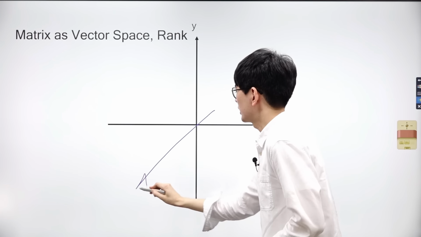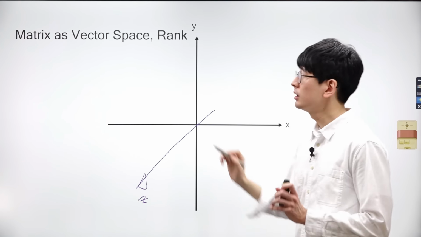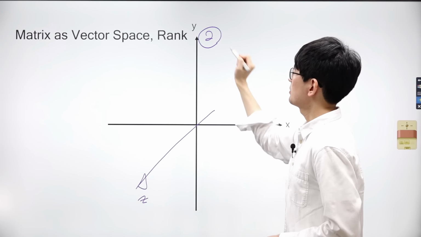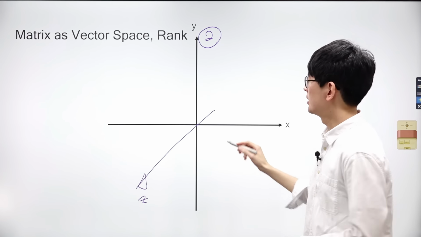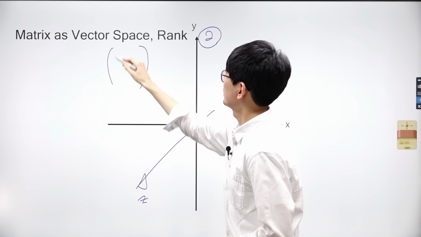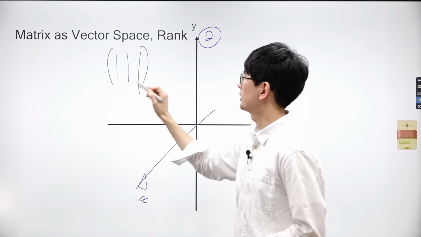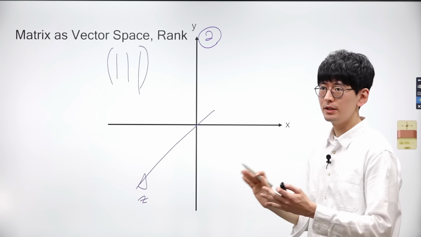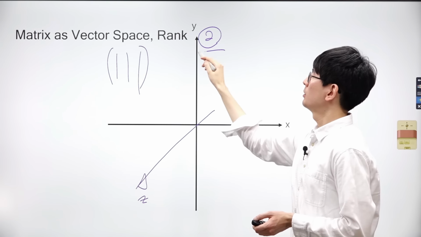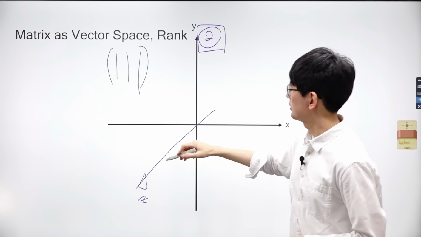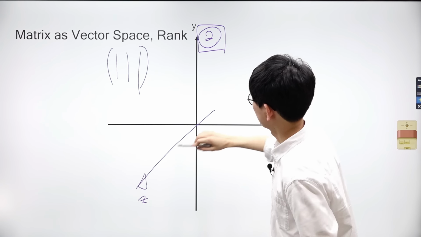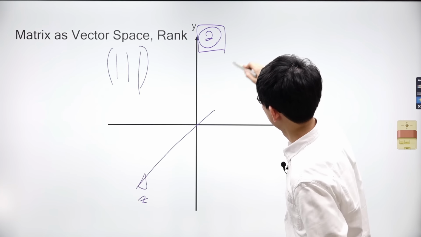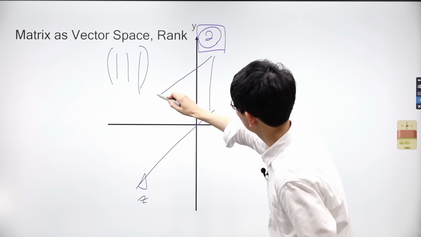Is it possible for a matrix to have rank 2 in a three-dimensional space? If a matrix has a rank of 2 in a three-dimensional space, it means that the vectors in the matrix can only span a two-dimensional plane within the three-dimensional space. For instance, if you draw an axis Z, these vectors may only span a two-dimensional plane like this.